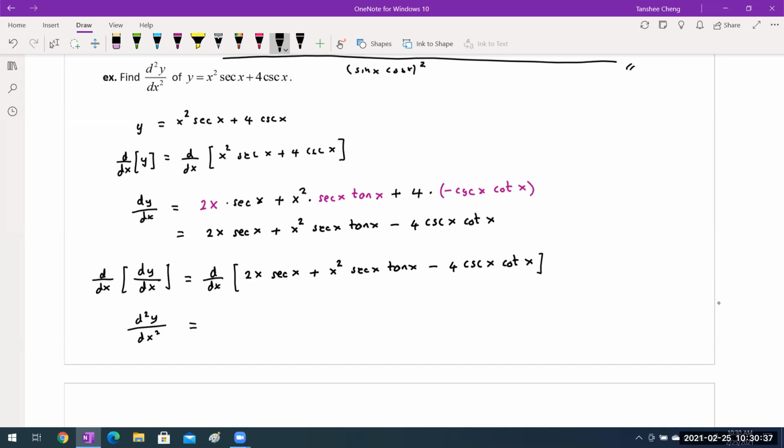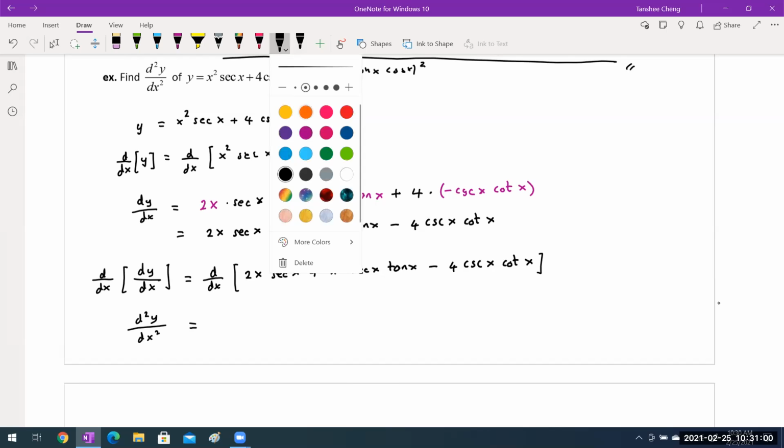And when I take the derivatives, I'm going to write it down in a different color. I need to use the product rule right here for the first term. Right? For the first term, I need to use the product rule. Somehow I cannot change my color anymore. I don't know what happened.